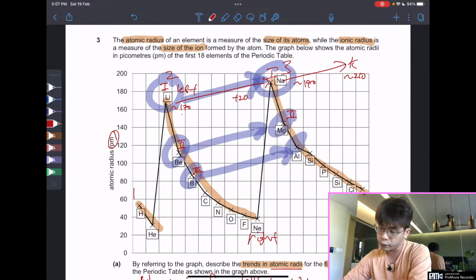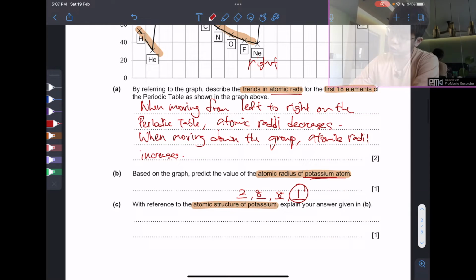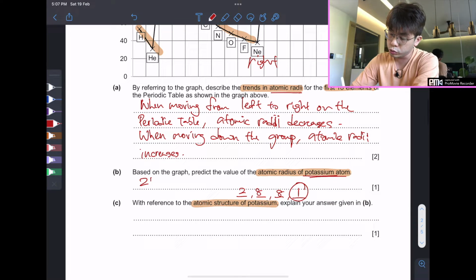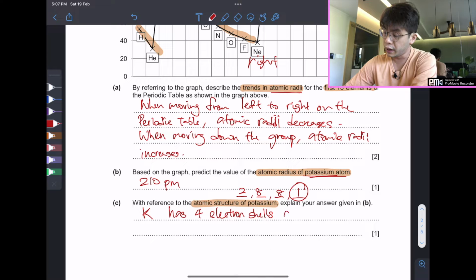So I hope you see how I decide the trend. Okay? So predict the size, so this will be 210 picometers. Please remember to give your units, and then with reference to the structure of potassium, explain your answer. So you must say that potassium K has 4 electron shells, and is from group 1.